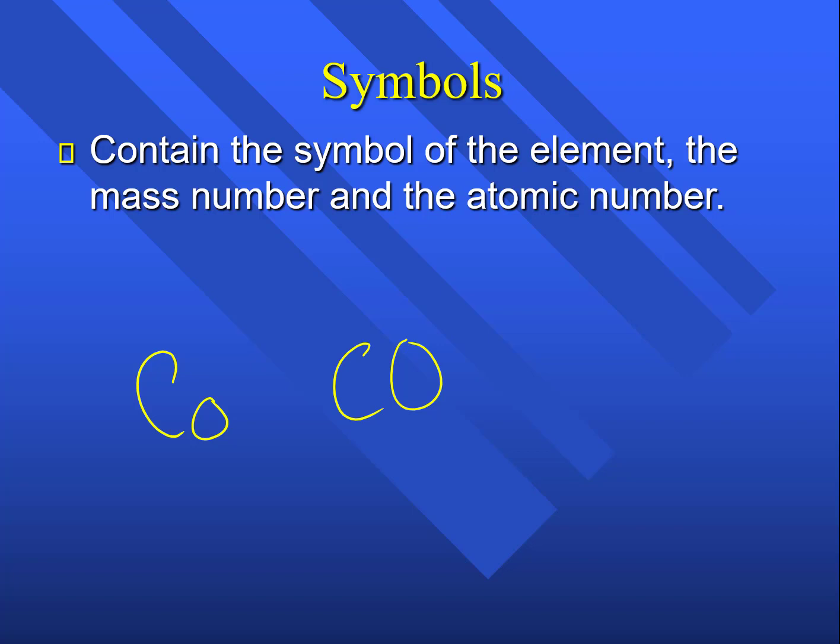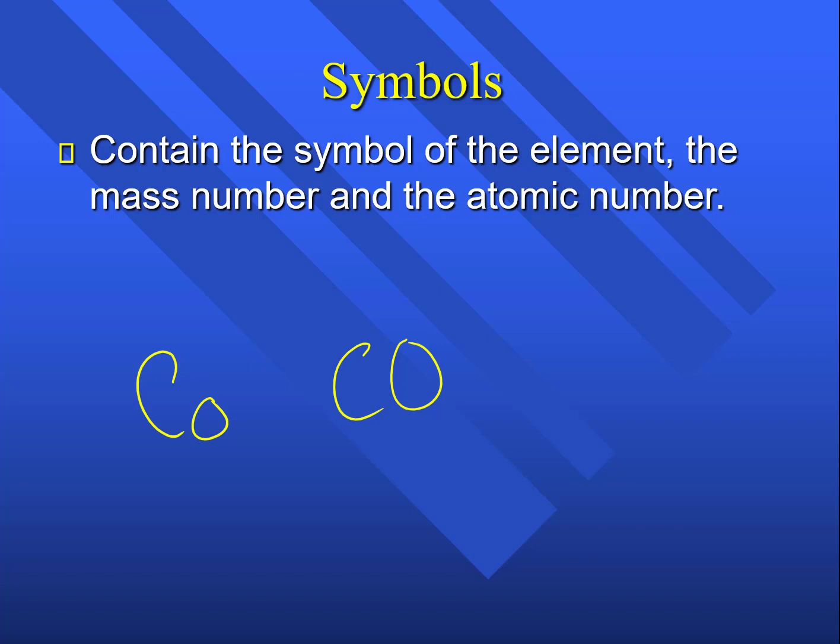The other one has 2 elements because it's got 2 capital letters, and that's carbon monoxide, a poisonous gas. So if you're one of those block letter writers, make the size significantly different. Uppercase first letter, and if there's a second letter, it's got to be lowercase, so we know that the next uppercase is the next element. So that's the clue that you're adding an element: it starts with an uppercase letter.